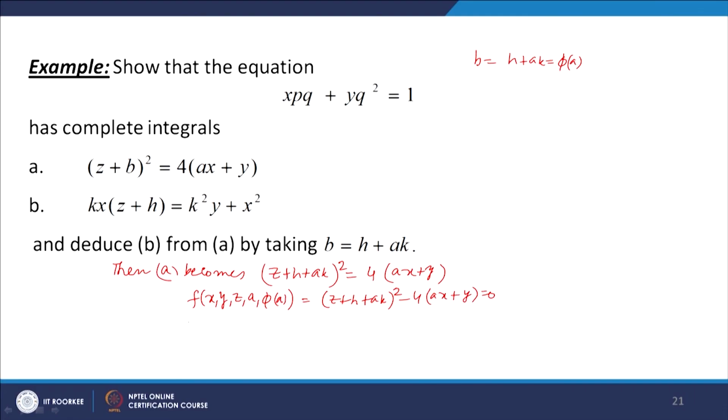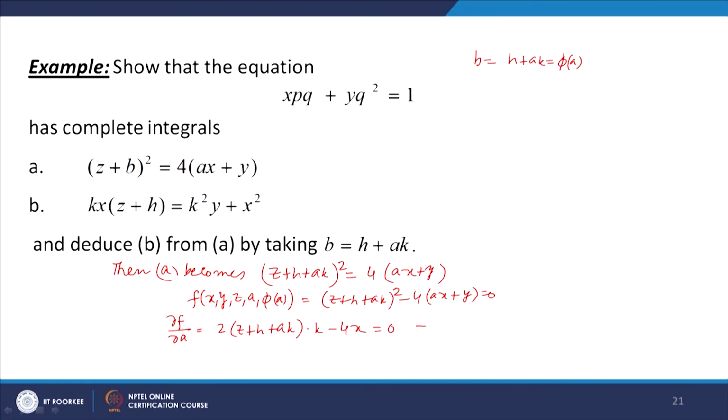And let us differentiate this partially with respect to a. So the partial derivative of f with respect to a is 2 times z plus h plus ak into k minus 4x, we put it equal to 0, and determine the value of a.